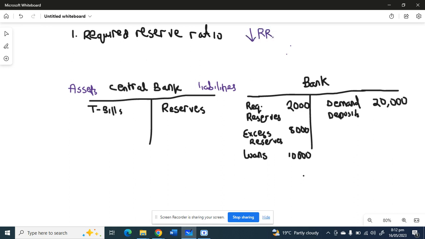This means banks have to hold little of your money, and the rest of the money they can loan out. So decreasing the required reserve ratio is to increase the money supply.